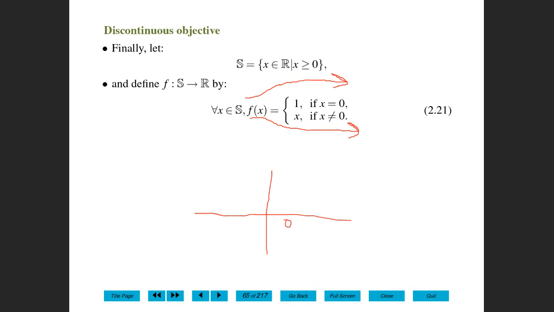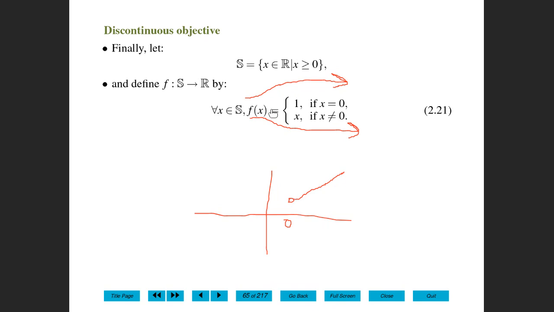If x is not equal to 0, I will get this kind of a line, and I will put an empty circle here. I will put an empty circle because x is equal to 0 is not included. All the points to the right, they are included. So I will get something like this, this line.